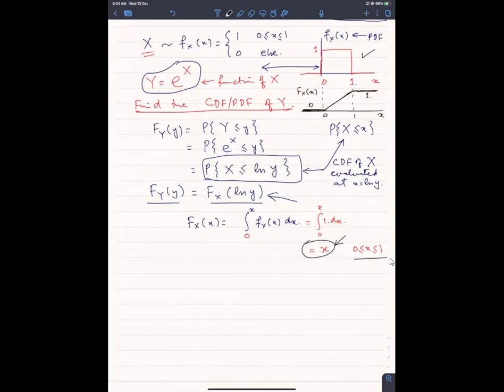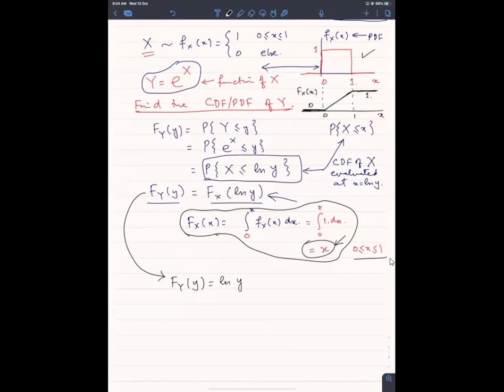Now, since we know that Fx of x is equal to x whenever x is between 0 and 1, so that means कि ये यहाँ से हम लिख सकते हैं कि Fy of y is equal to ln of y. क्यों? क्योंकि Fx of x is equal to x.